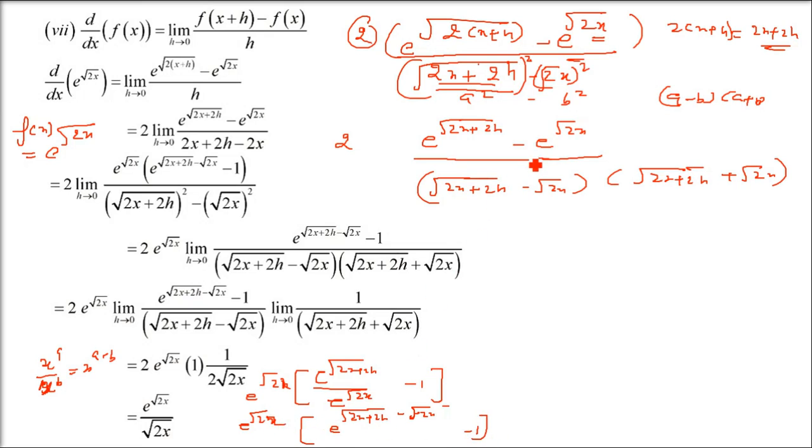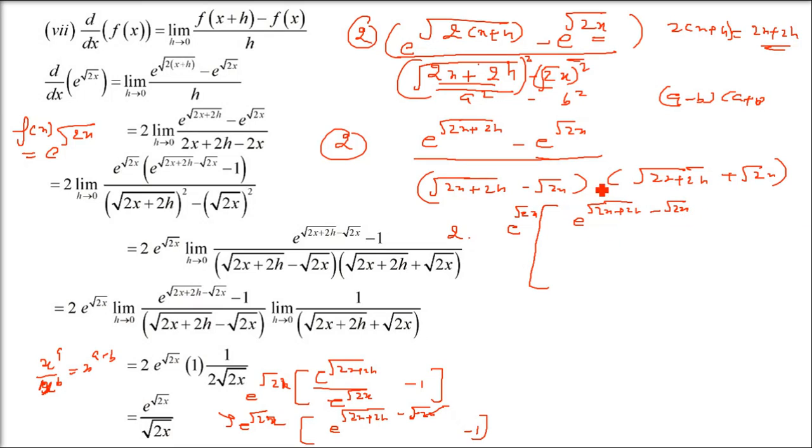So this you have got, and this is what we have in the denominator as well. So 2 is already there. Now let us write this as e raised under root 2x, and then this one: e raised under root 2x plus 2h minus under root 2x. We are writing it like this.